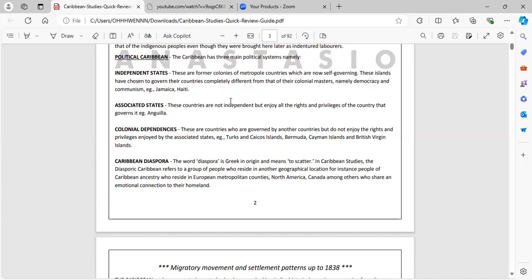Barbados, independent. Cuba is communist. Which other countries in the Caribbean would you say are independent based on their political status? Come guys, talk up.